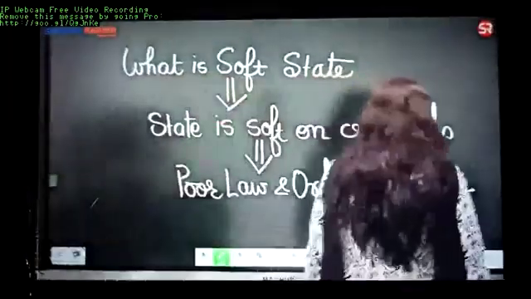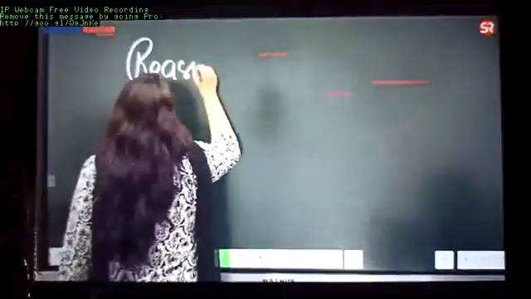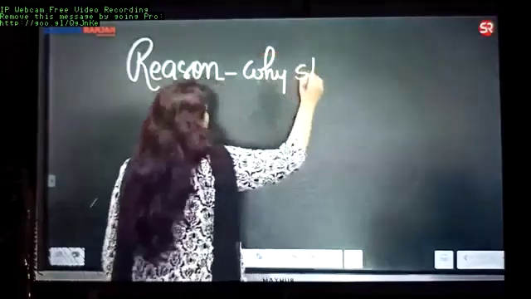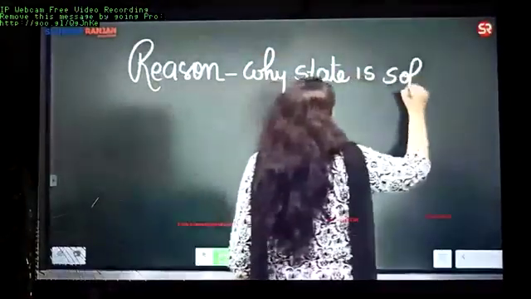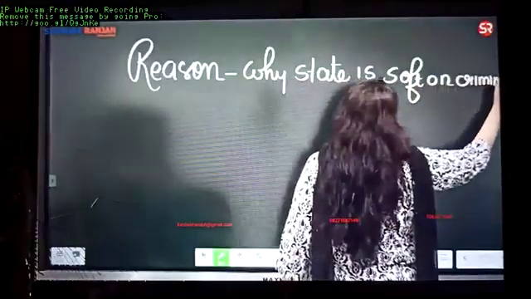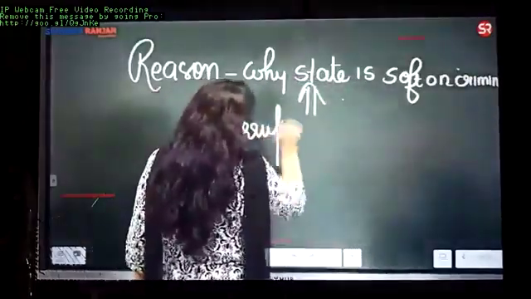Now he has also given the reason as to why the state is soft on criminals. The most important reason is corruption or bribe.